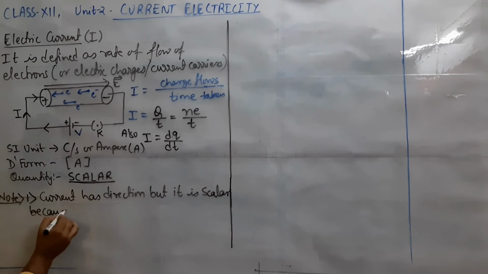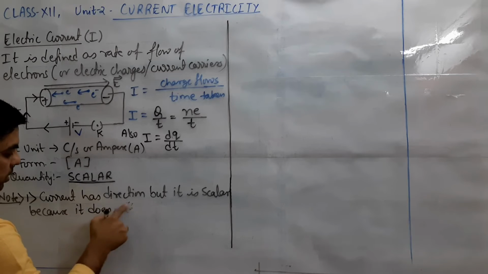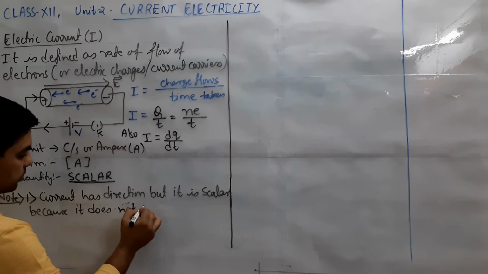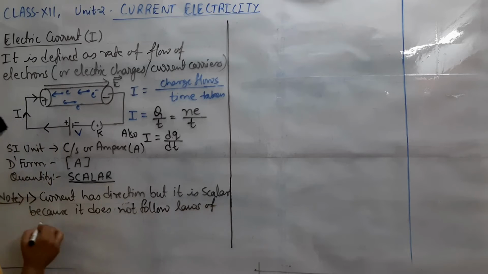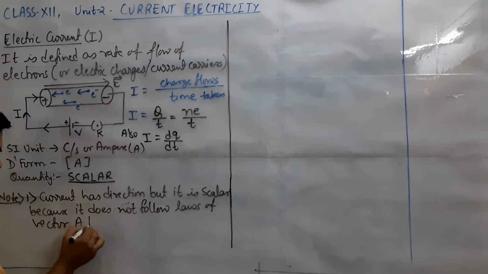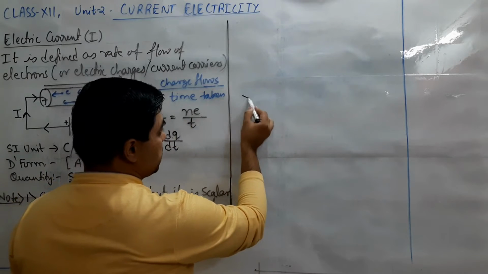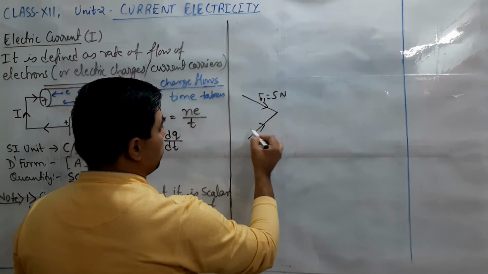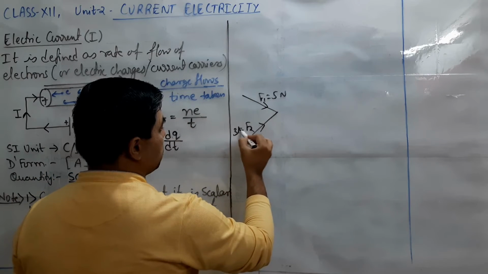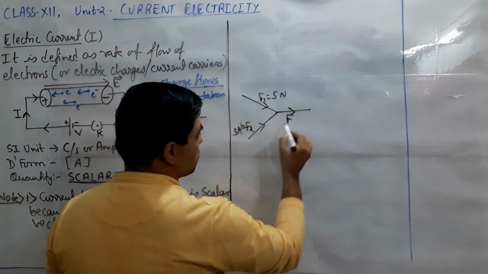Because it does not obey or follow the laws of vector addition, in which direction is very important. Suppose we consider a vector quantity, this force F1 is 5 Newton, F2 is 3 Newton, and here we need to produce the total force F net.